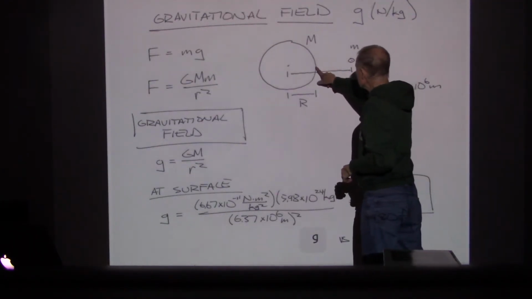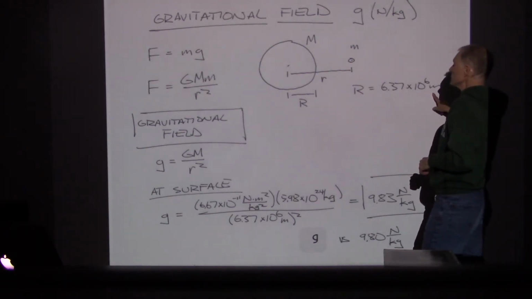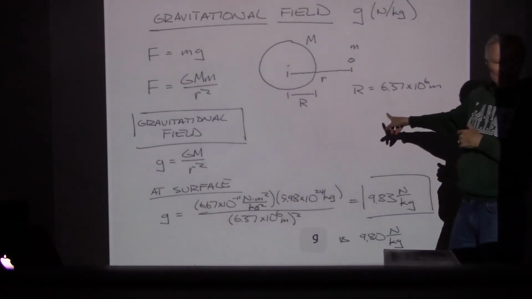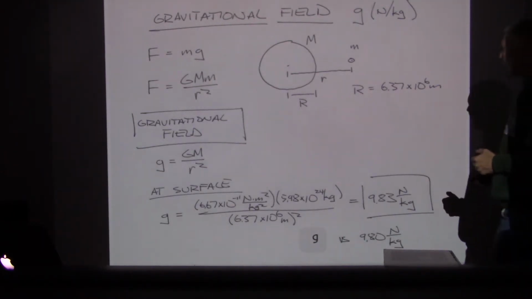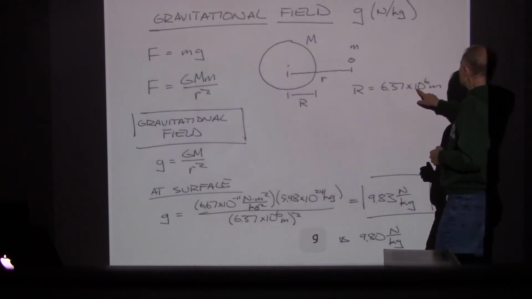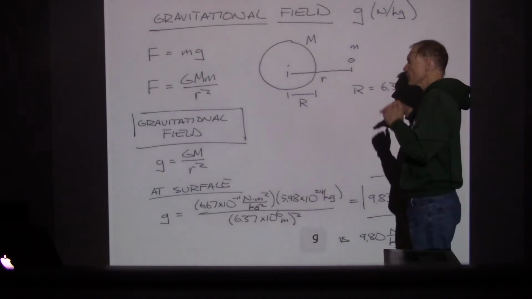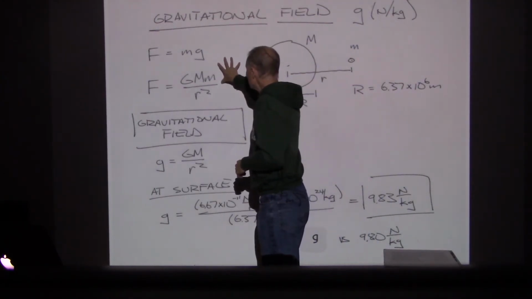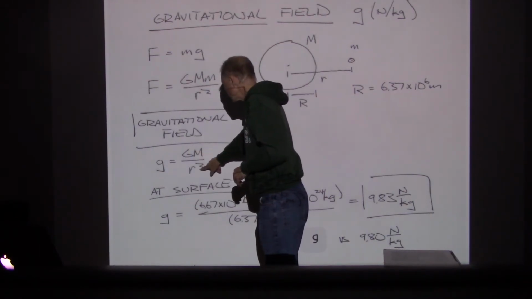At the surface of the Earth, the distance that an object would be located would be 6.37. Now, this gets listed as sometimes 6.38 and sometimes 6.37. So I'm kind of going back and forth here, but 6.37 times 10 to the 6th meters as the radius of the Earth. Now, the Earth's gravitational field, looking at these two formulas, can be determined as GM over r squared.